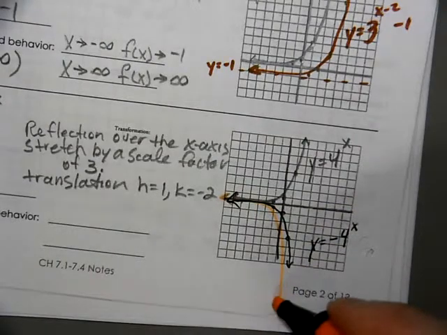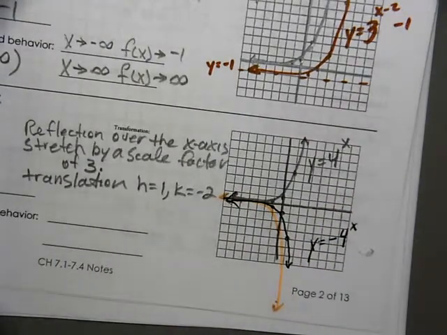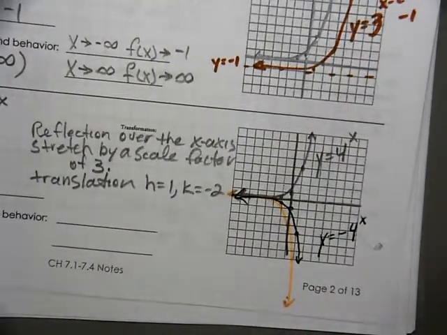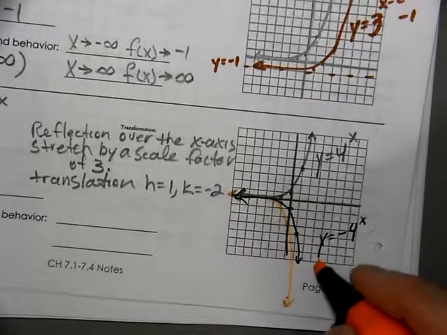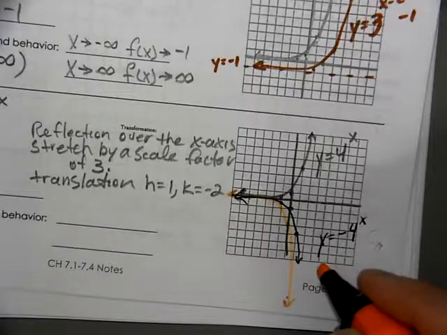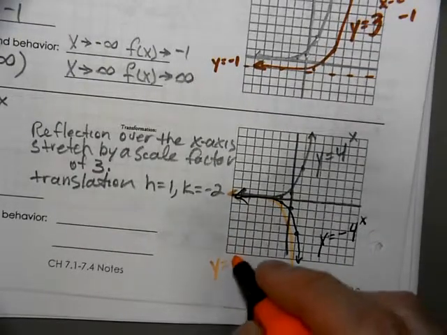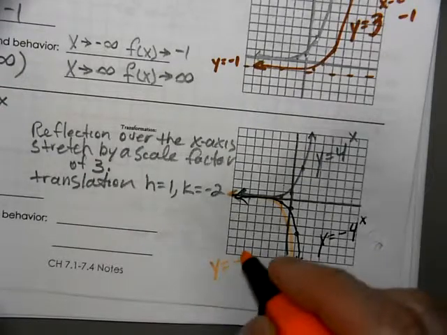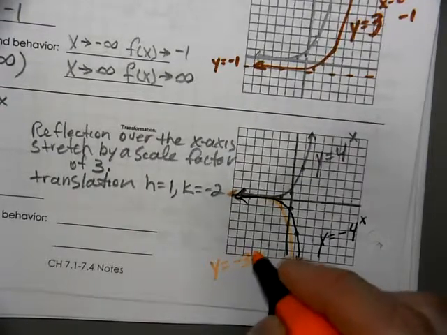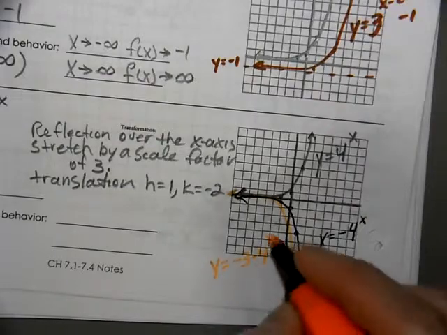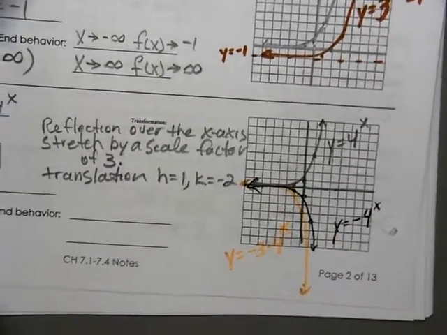So you can still see that it's approaching the x-axis, but it does it a little later in the curve. So this equation is called y equals -3 times 4 to the x.